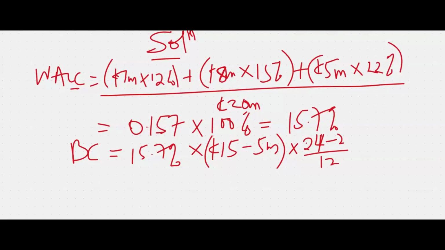What's the duration for which the investment income was earned? 18 months. So we can make this one 18 months here. So 18 over 12. That was when there was no 5 million. Are you good?